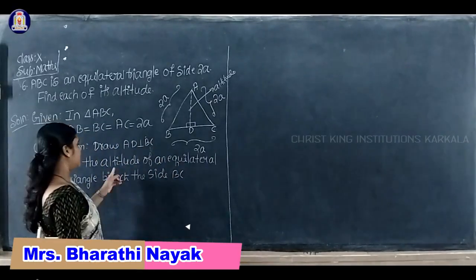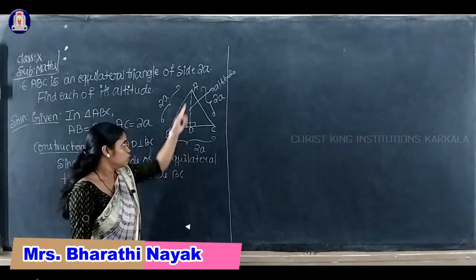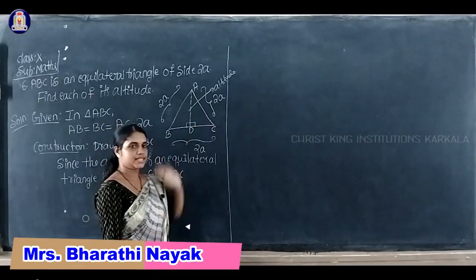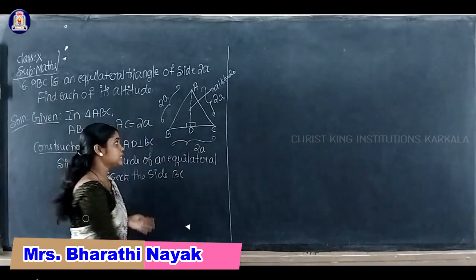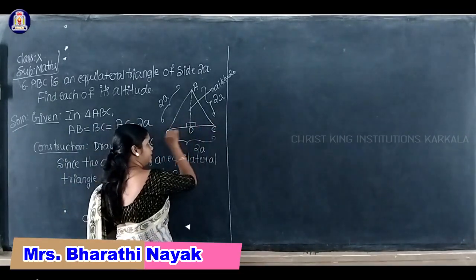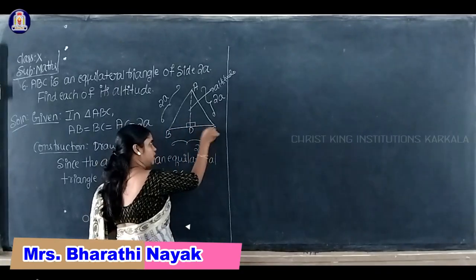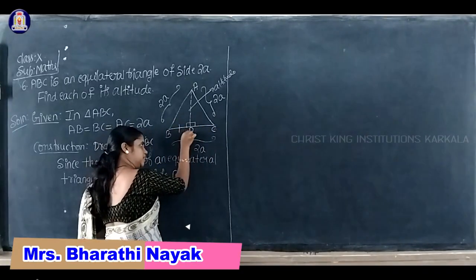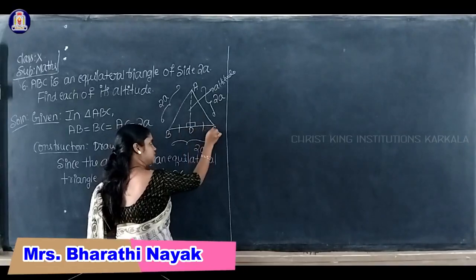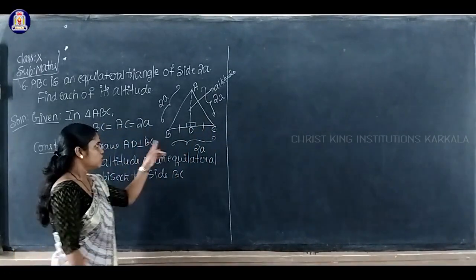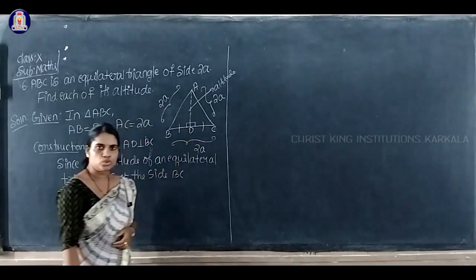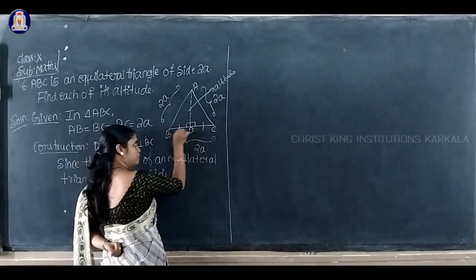Here, which is your altitude? AD is your altitude. So this altitude AD will bisect this side BC. That means the side BC will divide into two equal parts. What is the first part? First part is BD. What is the second part? Second part is DC. So if BC length is 2a, then what about the length of BD?